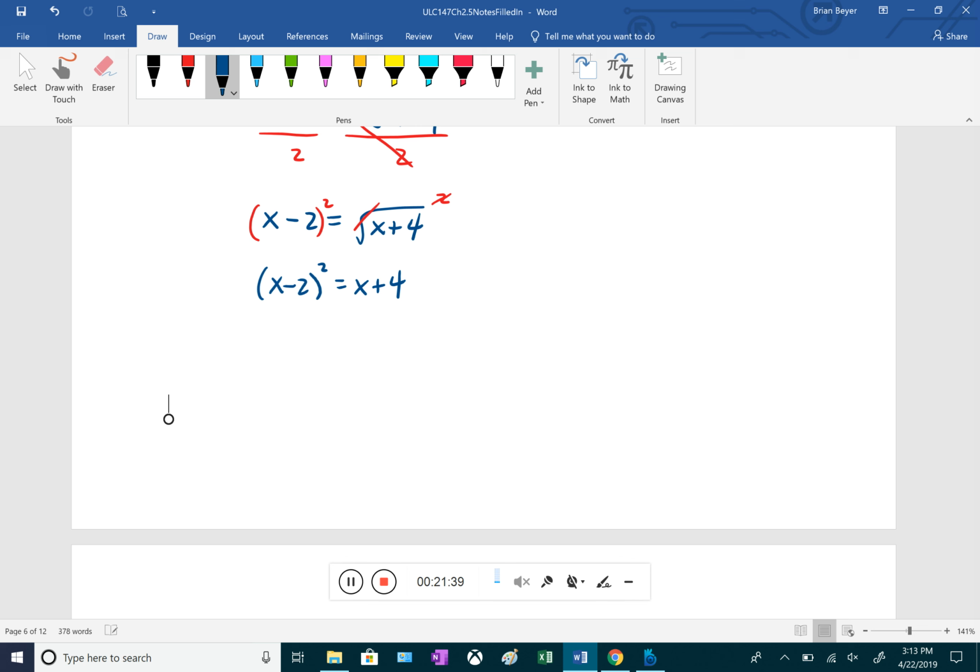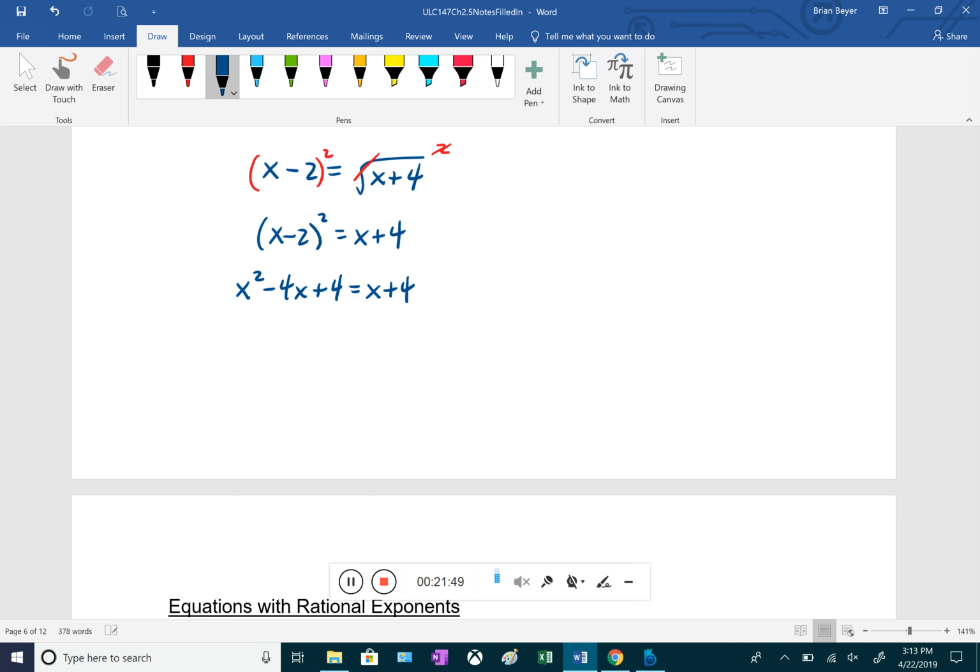And now we have a quadratic. So now this left-hand side, we're going to FOIL that out. We get x squared minus 4x plus 4 equals x plus 4. Subtract x on both sides, subtract 4 on both sides. Negative 4x minus x is negative 5x. 4 minus 4, the 4's actually cancel, so we get x squared minus 5x equals 0.